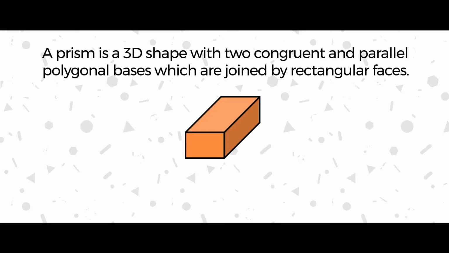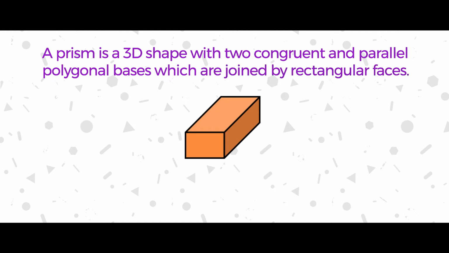So let us look at what a prism is first. A prism is a 3D shape with two congruent and parallel polygonal bases which are joined by rectangular faces.